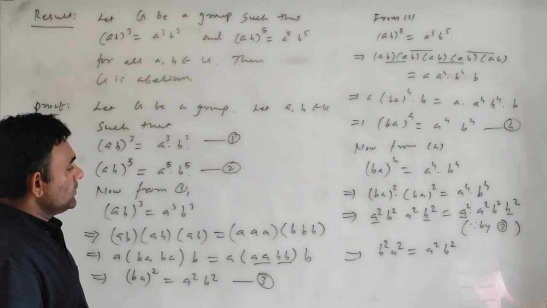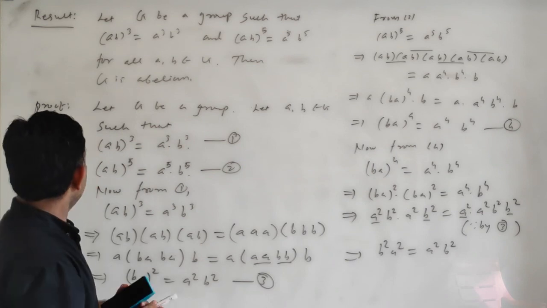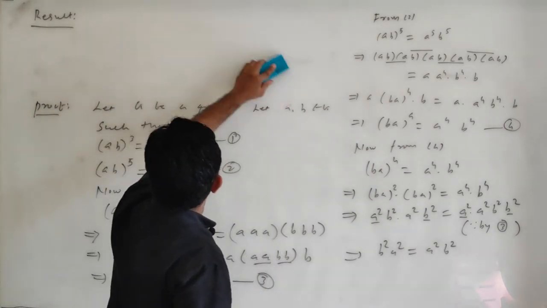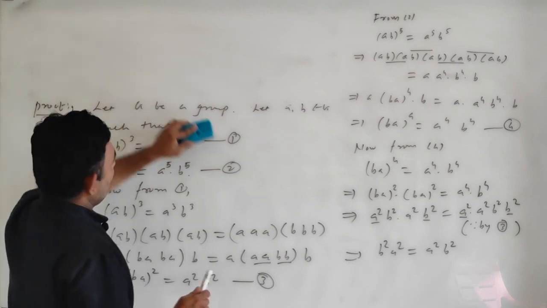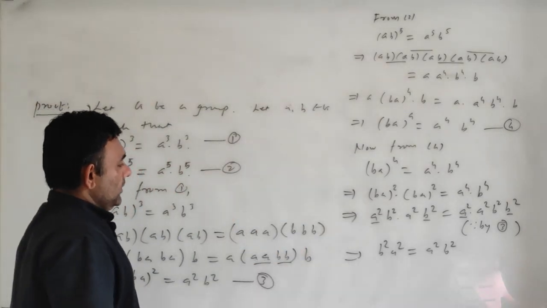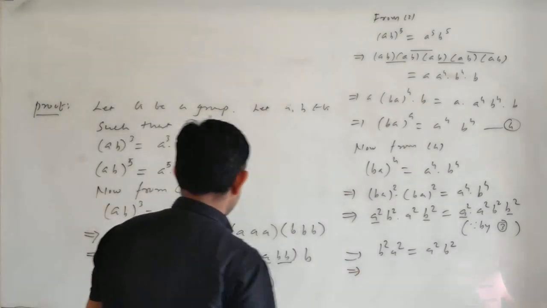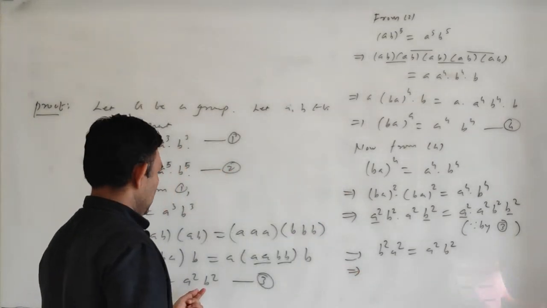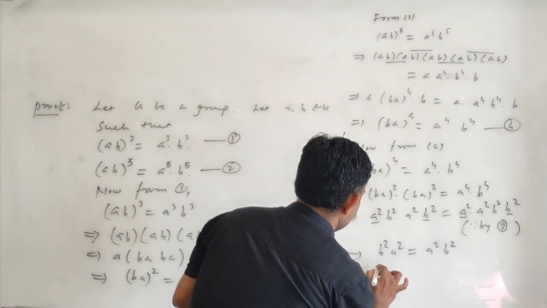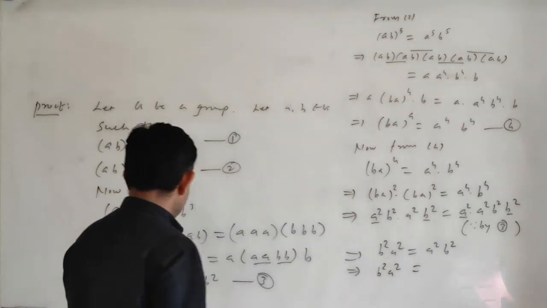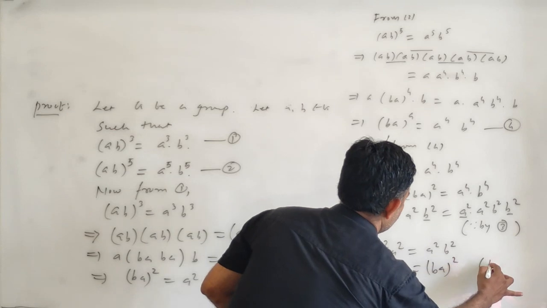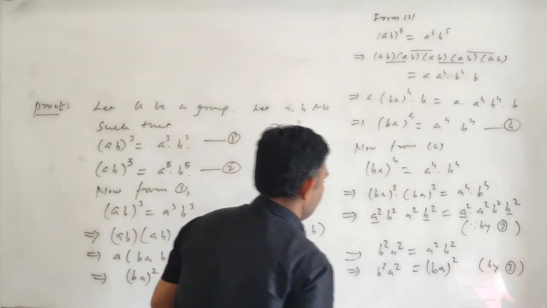Okay, so now what? I can write B^2 A^2 as it is, but A^2 B^2 is (BA)^2, again by 3.